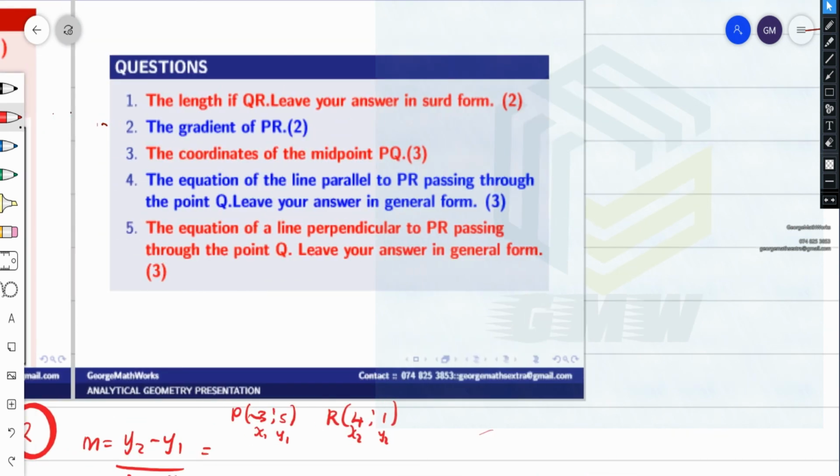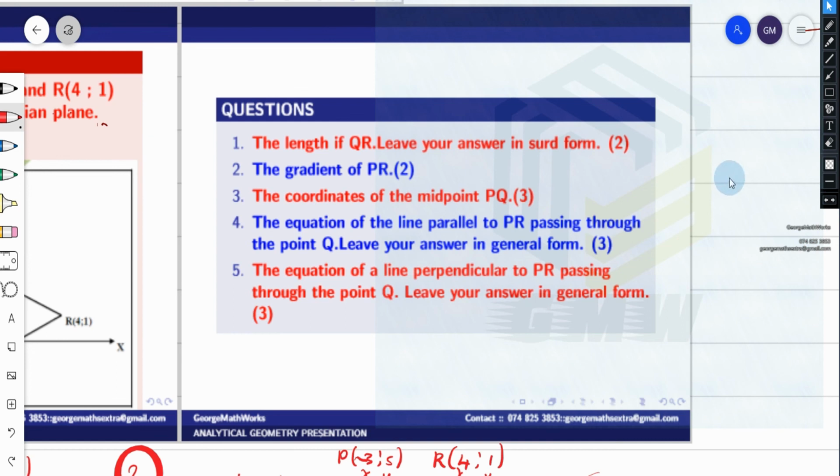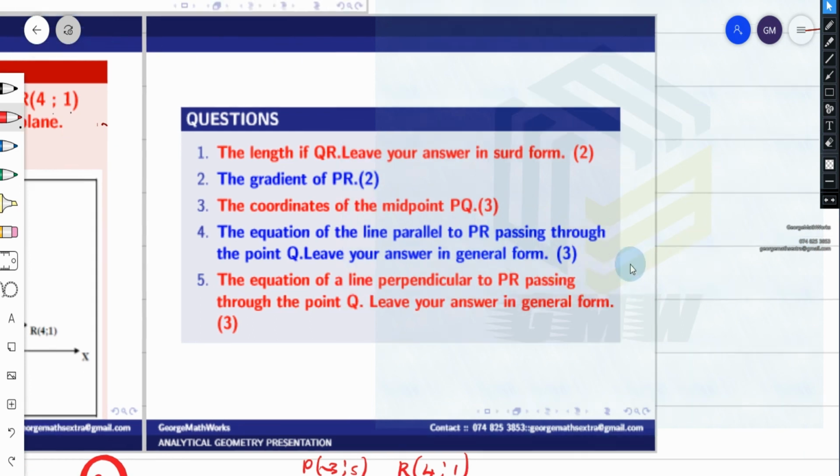The next question says: the equation of the line parallel to PR passing through the point Q, leave your answer in general form. Now, parallel to PR, there's something we discussed here.